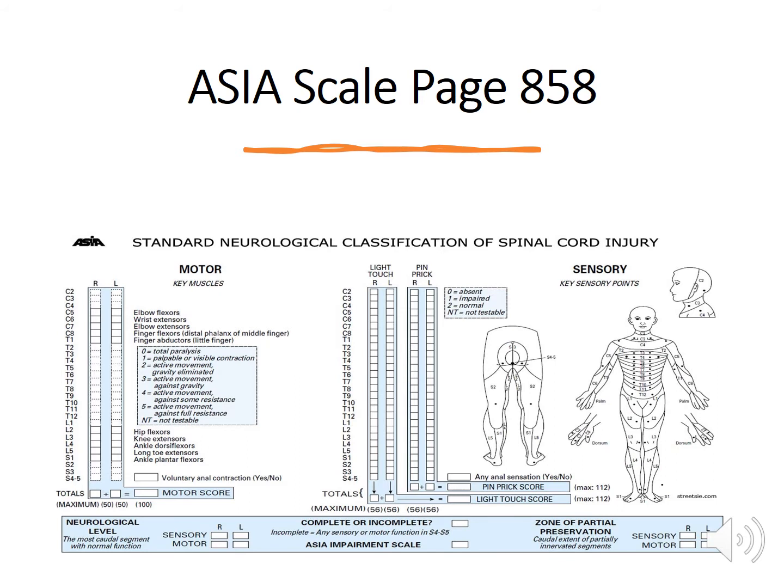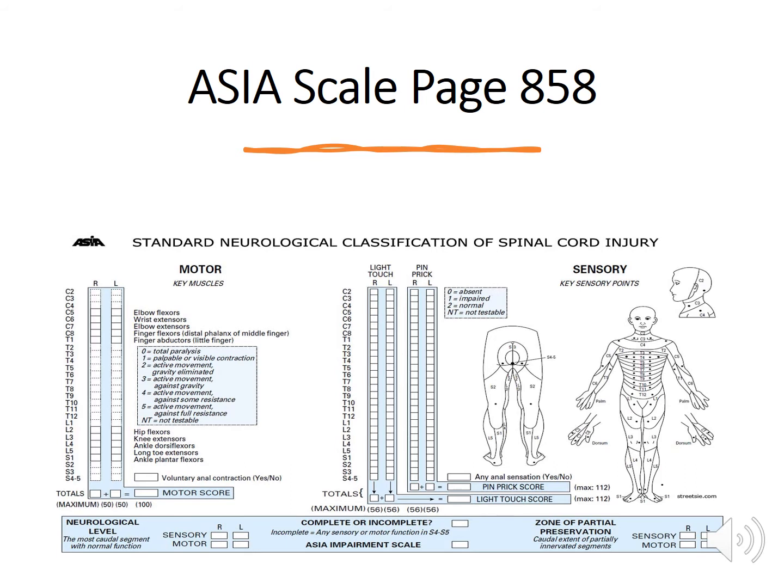So in this slide, we are going to be discussing a little bit of the ASIA scale. The individuals that you may come across with spinal cord injuries may have variable clinical presentations in terms of what they have available as far as motor or sensory function below that neurological level.